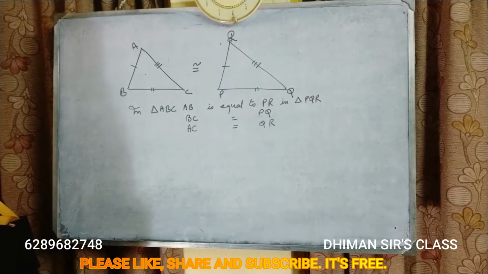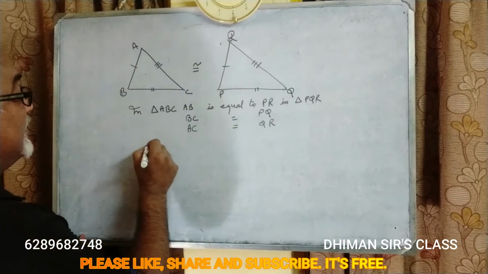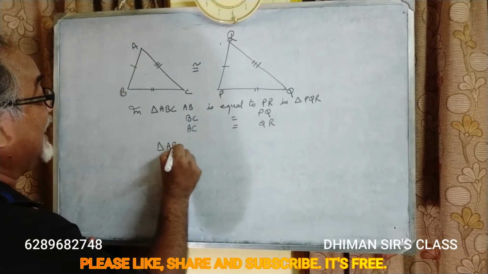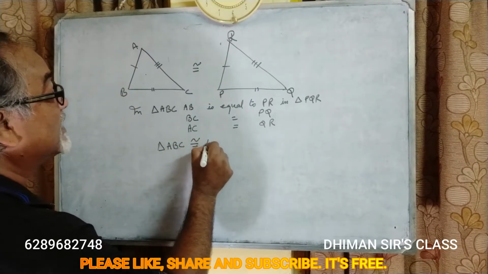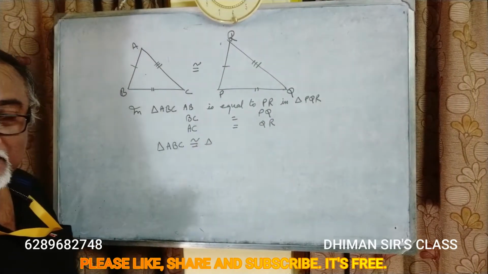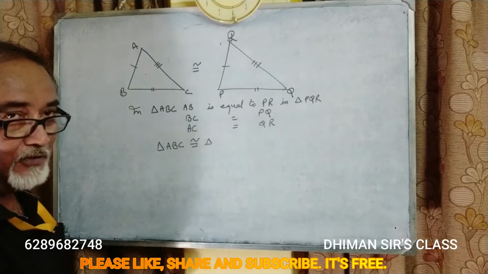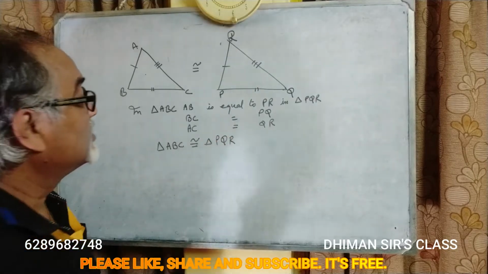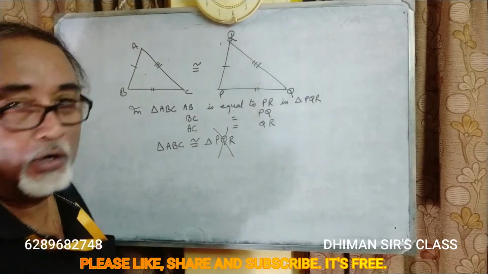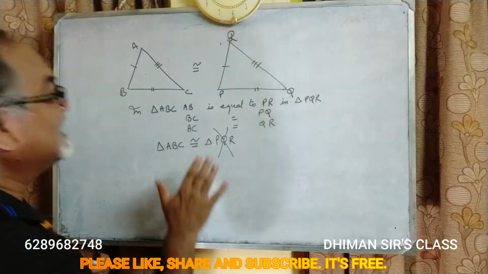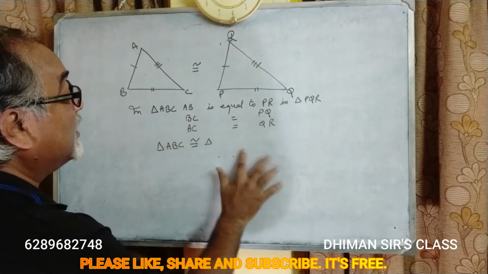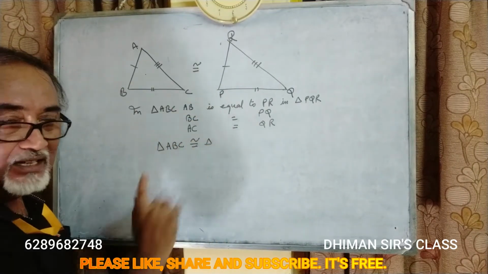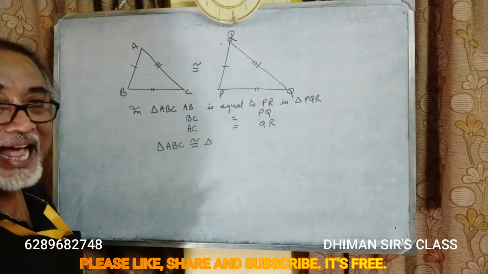Now students, if I say write down how you would write triangle ABC is congruent to triangle, many of you will say, sir, PQR. Sorry students, it would become wrong. Why? See, while writing the congruency of two triangles, the sequence has to be maintained.